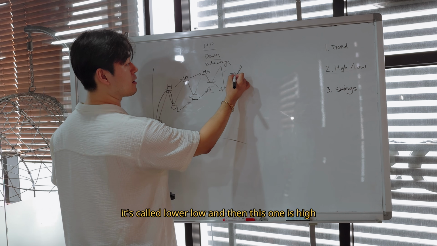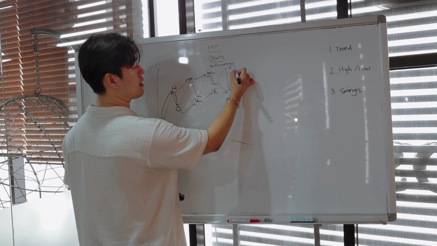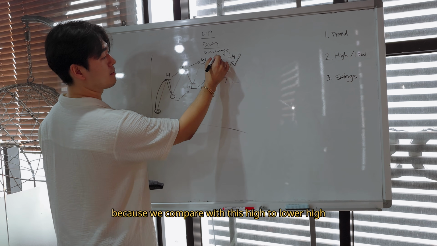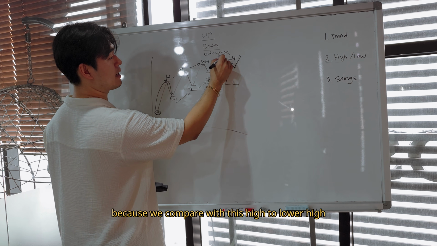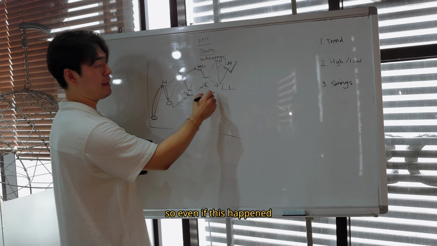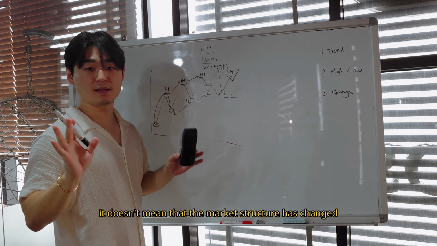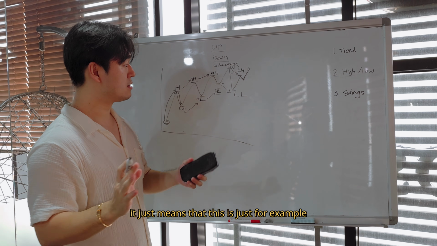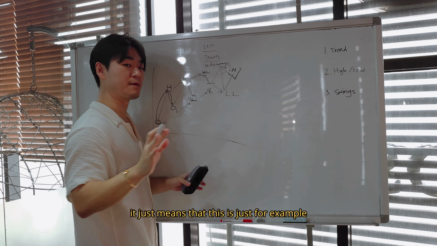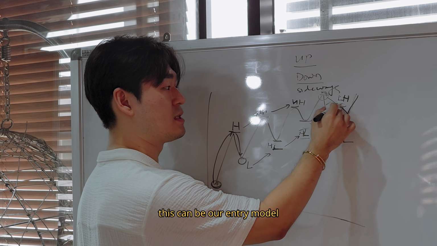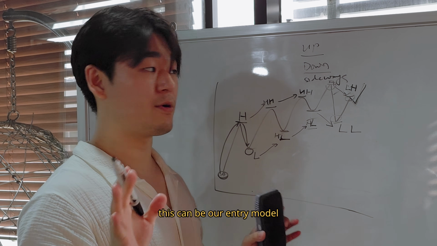And then this one is also lower high, because we compare with this high to lower high. So even if this happened, it doesn't mean that the market structure has changed. It just means that this is, for example, faking, or this can be our entry model.